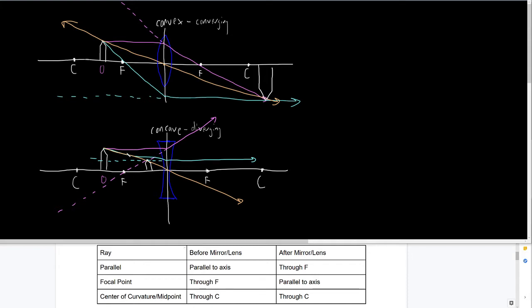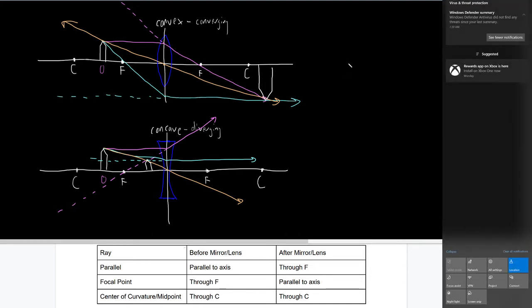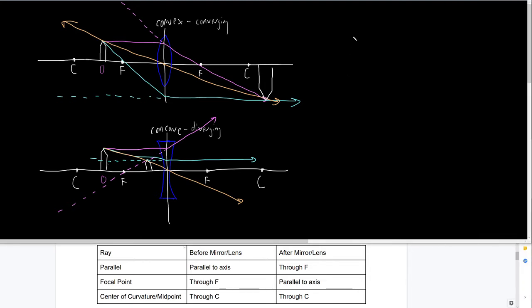So F is positive for converging lenses. And that means that your F is negative for diverging lenses. And keep in mind, converging, convex; diverging, concave.